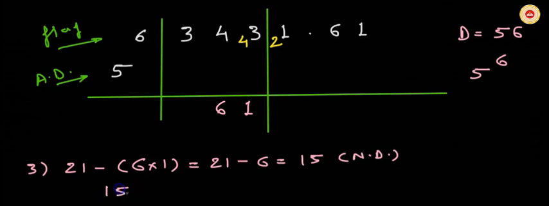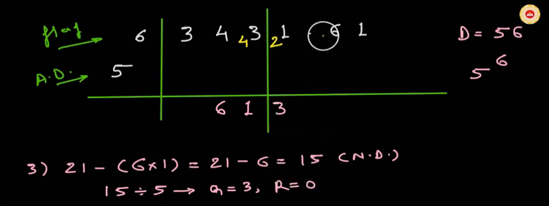Divide net dividend 15 by actual divisor 5, which gives us quotient 3. 5 3s are 15, and so the remainder will become 0. Write quotient 3 below gross dividend 21 and write remainder 0 as a prefix to the next digit in the dividend, which is 6. Now 06 means 6.